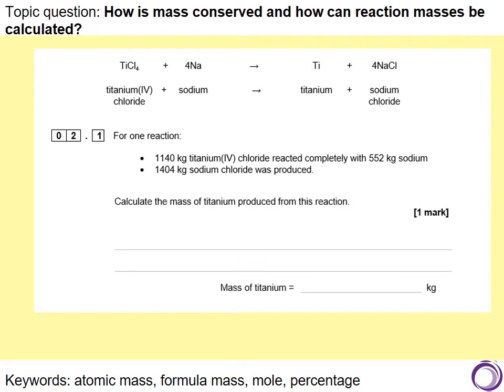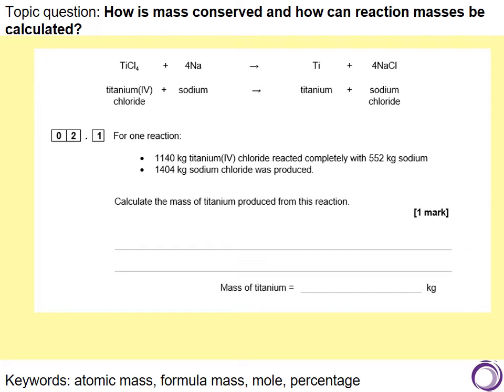So here we see that titanium chloride reacts with sodium to produce titanium and sodium chloride. In the reaction it tells us that 1140 kilograms of titanium chloride completely react with 552 kilograms of sodium.